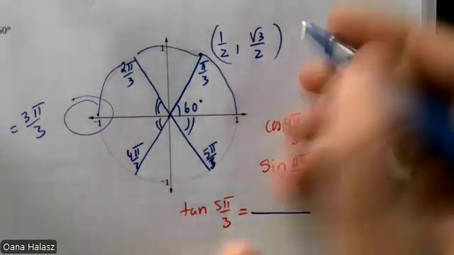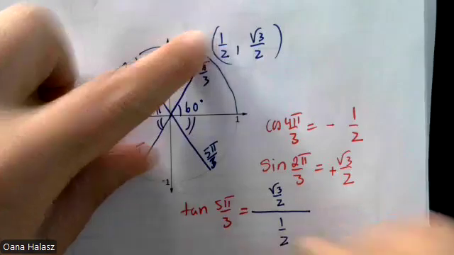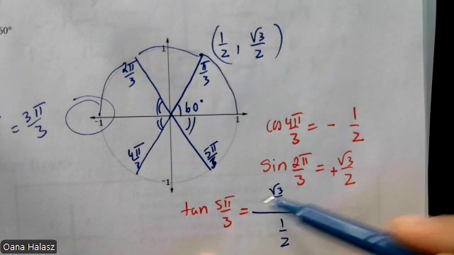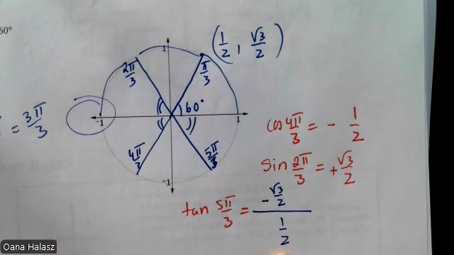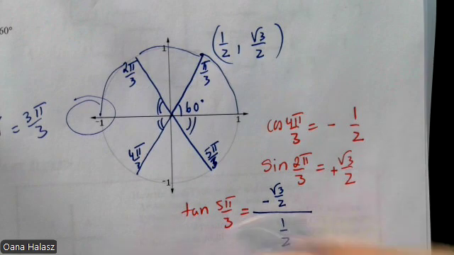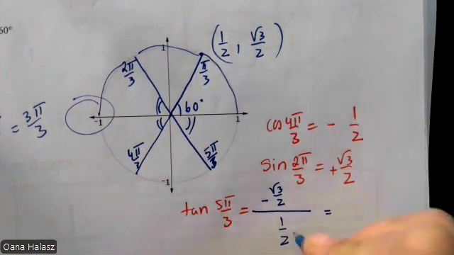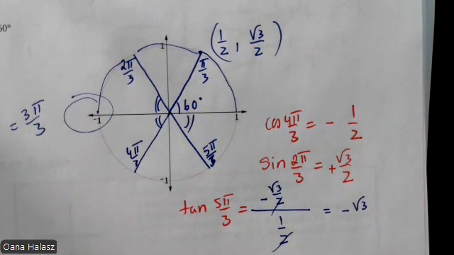So y is square root of 3 over 2, x is 1/2. But now, which one is positive, which one is negative? Top one is negative and the bottom one is positive. Okay, good. So then the value of tangent will be negative because you have one negative, one positive, right? And then the twos will cancel, so you have negative square root of 3 over 1, or negative square root of 3.